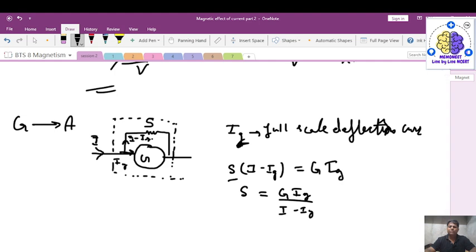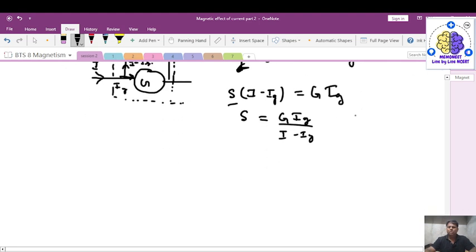This gives you the formula to calculate the value of the shunt, which will help you convert a galvanometer into an ammeter.